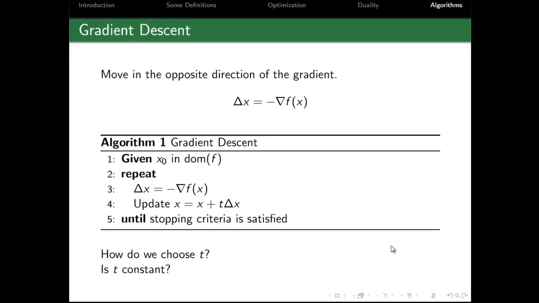Methods which choose t according to this criteria are out of the scope of this tutorial. But is a constant t enough for us? In most conditions, if you take a small enough step size, it is fine and you will hit the minima very reasonably, very close to the minima. So in practice a constant t works.